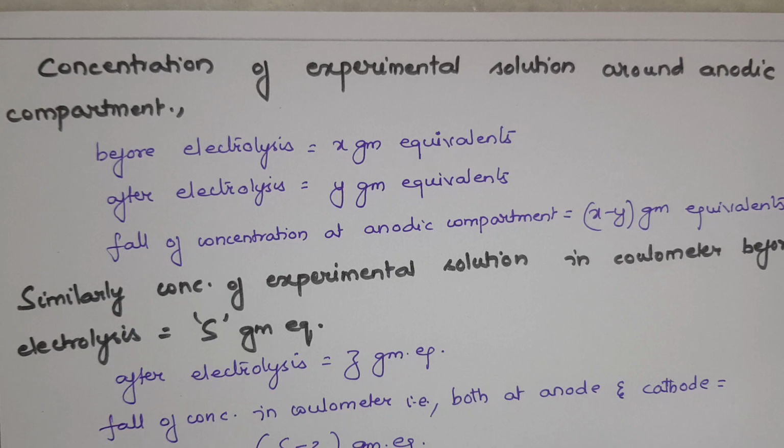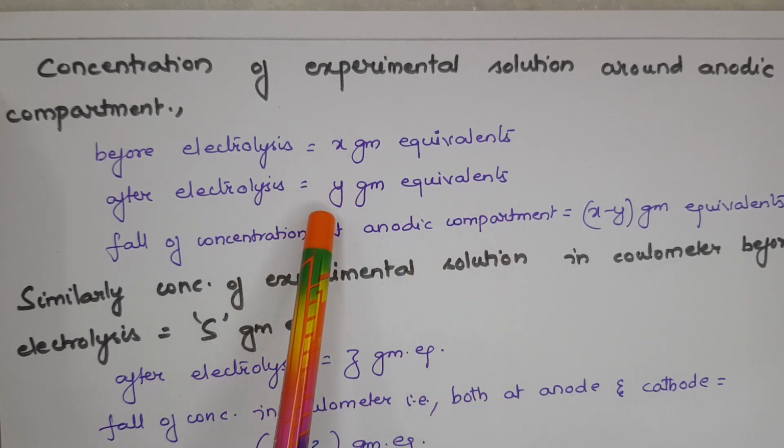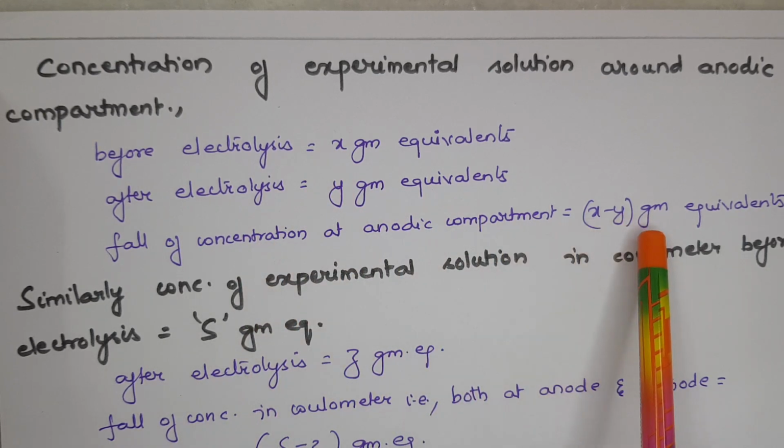Below write down the concentration of the experimental solution around the anode. Before electrolysis, let us say X gram equivalents. After electrolysis, let us say Y gram equivalents. Fall in concentration at anode: before minus after, so X minus Y gram equivalents.